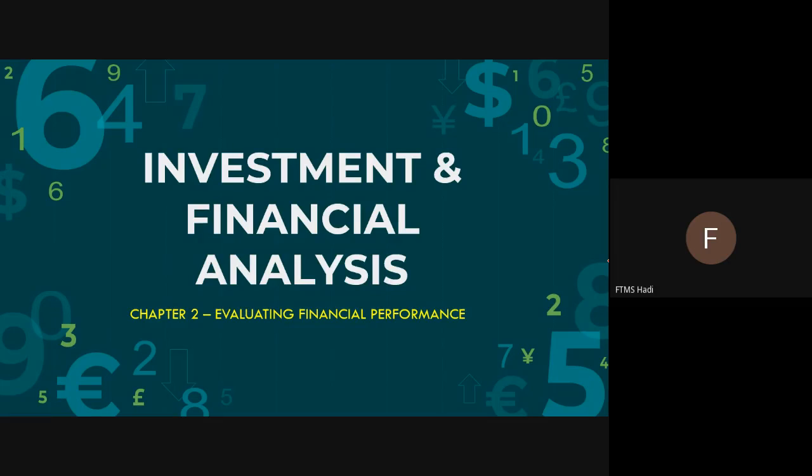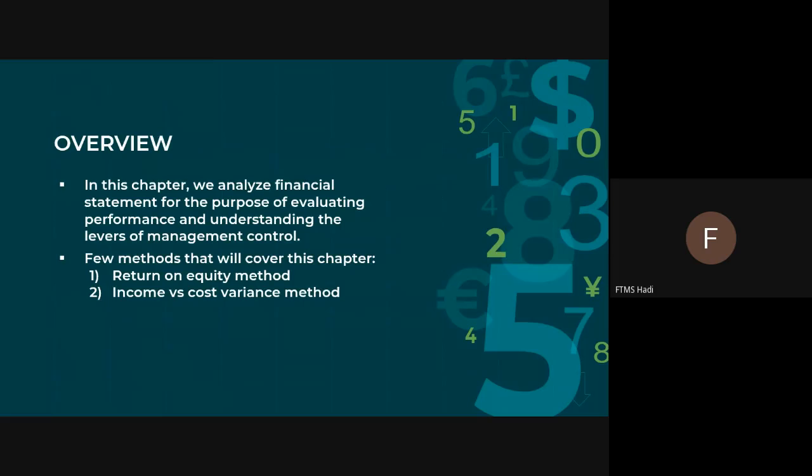So let's have a look at some of the contents here. In this chapter, we will analyze financial statements for the purpose of evaluating performance, and also understand the levers of management control.